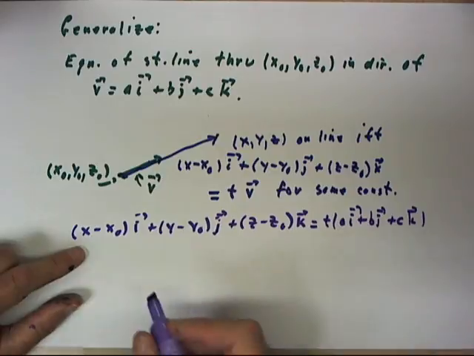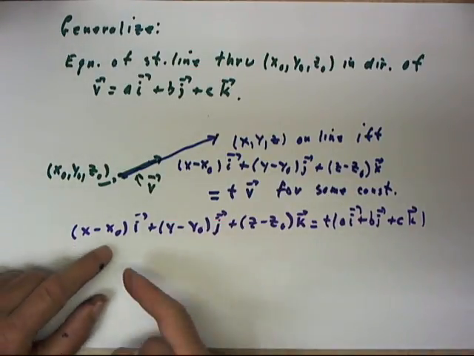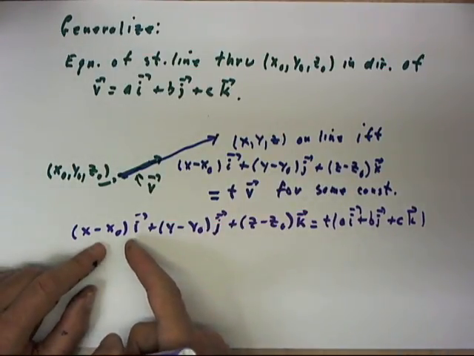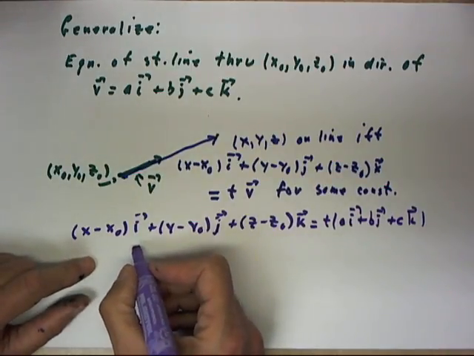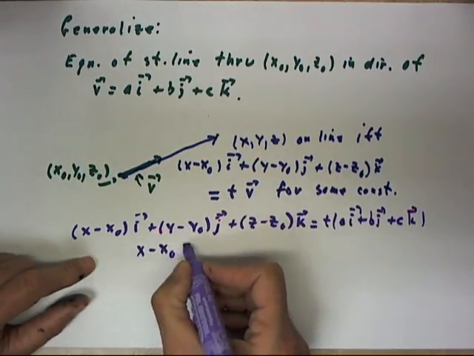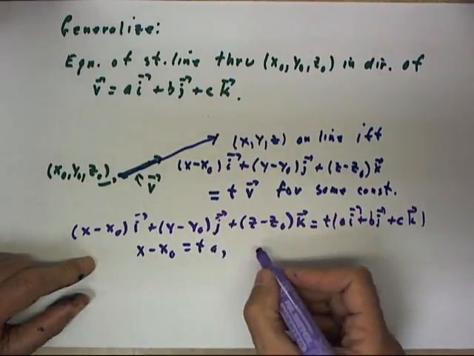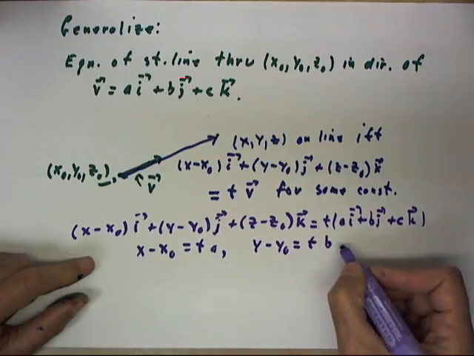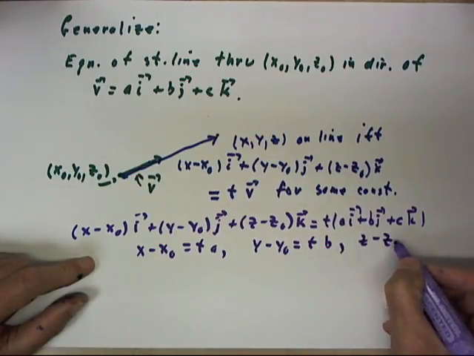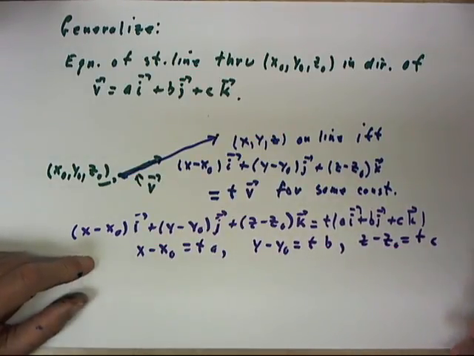And if we multiply this out, we find that the i component on this side is x minus x naught, the i component on this side is ta. So we get x minus x naught equals ta, y minus y naught equals tb, z minus z naught equals tc.